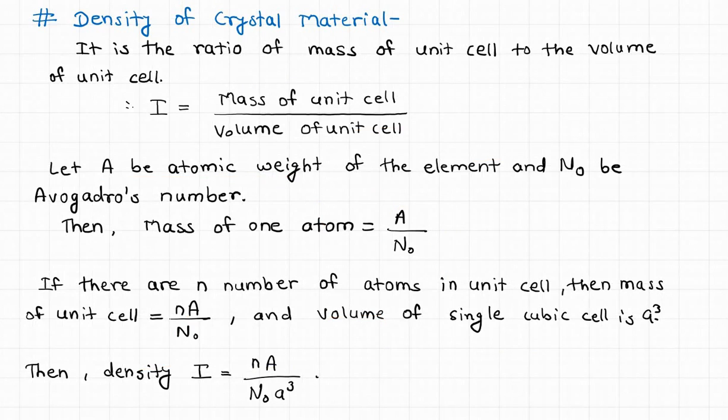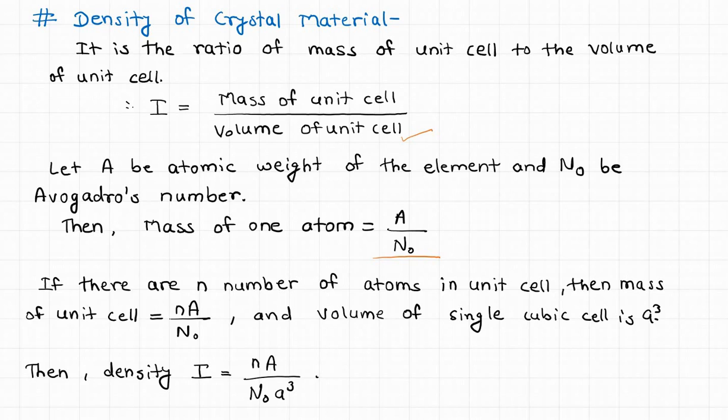Next is density of crystal material. It is the ratio of mass of unit cell to the volume of unit cell. Therefore, density rho is equal to mass of unit cell divided by volume of unit cell. Let capital A be the atomic weight of the element and N0 be Avogadro's number. Then mass of one atom is equal to A by N0.